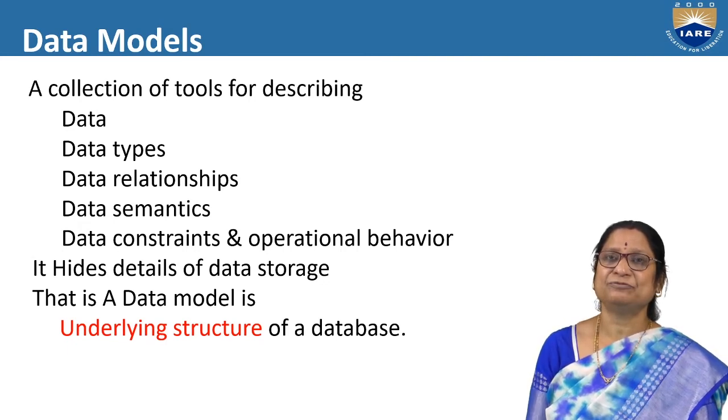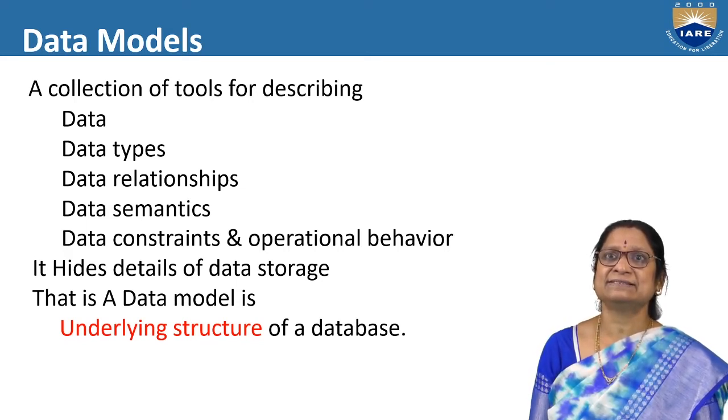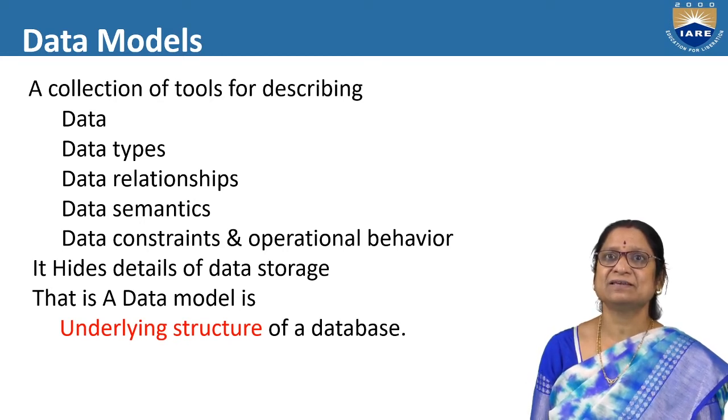For that particular database, we need some techniques or tools. So a data model is a collection of tools which describes the data, data types, data relationships, that is, relationships among the data, logical representation of the data, that is data semantics, how the constraints are implemented on data, as well as operational behavior.